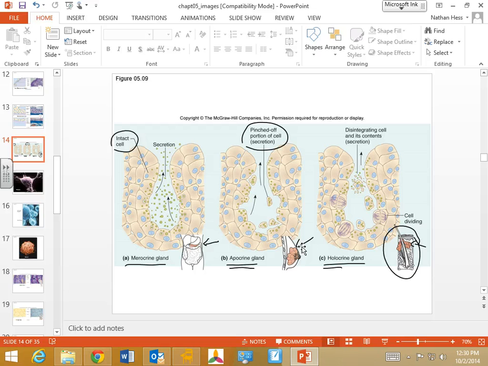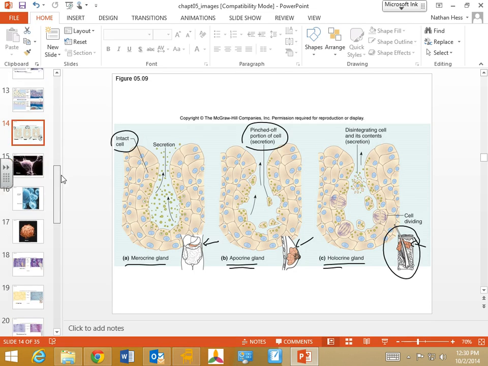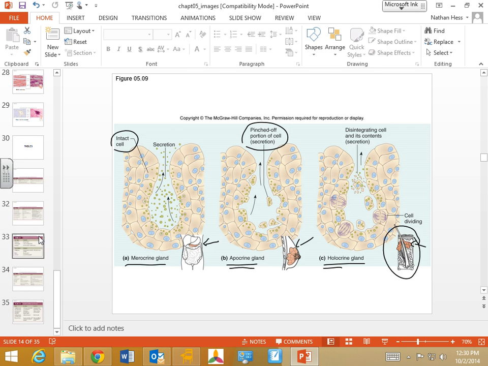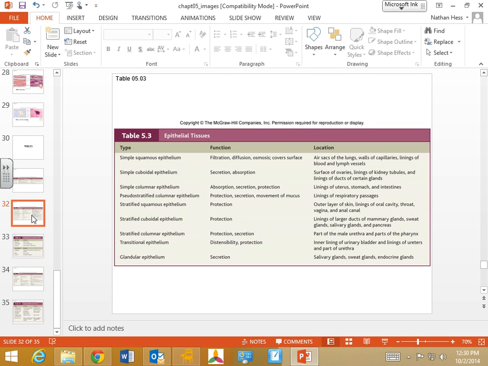Good, we're going to keep rolling, friends. There is a lovely chart there, table 5.3. Can you tell me where that is in your textbook? Page 102. Here is kind of all the tissues we've just done, all in one nice place.